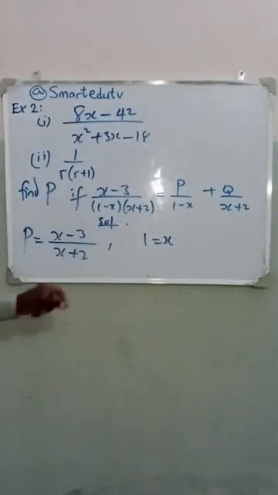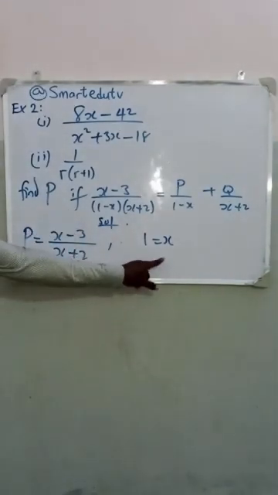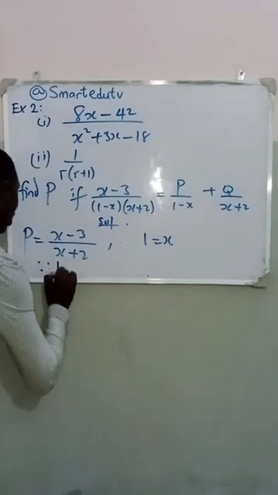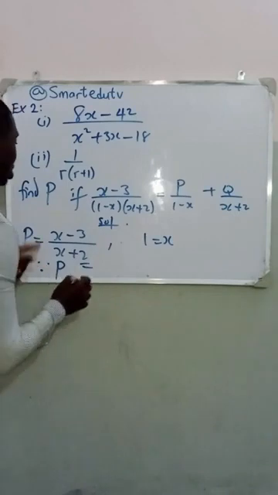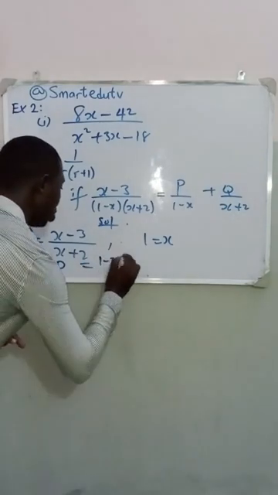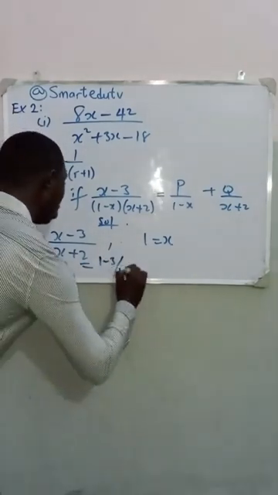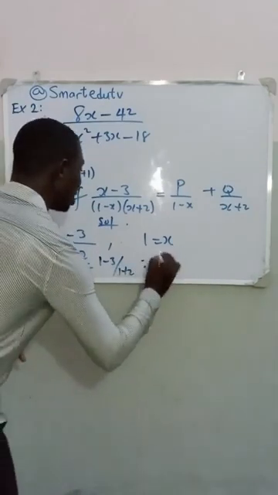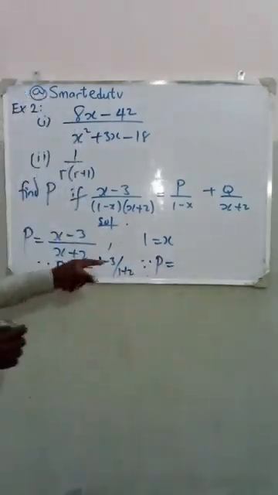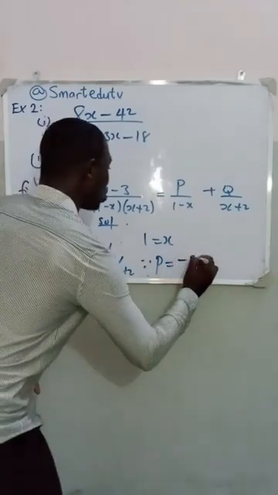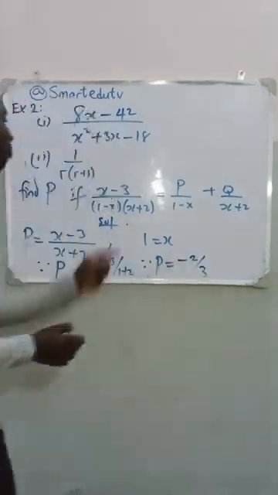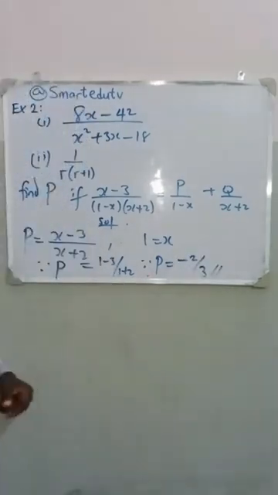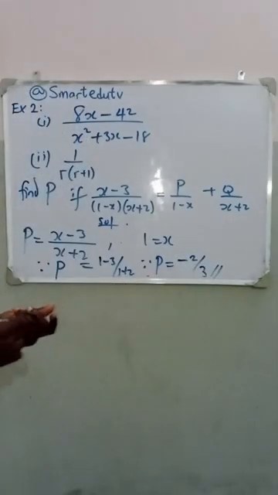Go back to this expression and replace x by 1. Therefore, the value of p is 1 minus 3 over 1 plus 2. 1 minus 3 is minus 2, and 1 plus 2 is 3. So the value of p is minus 2 over 3, and the rest is history. That's how we resolve questions into partial fractions.